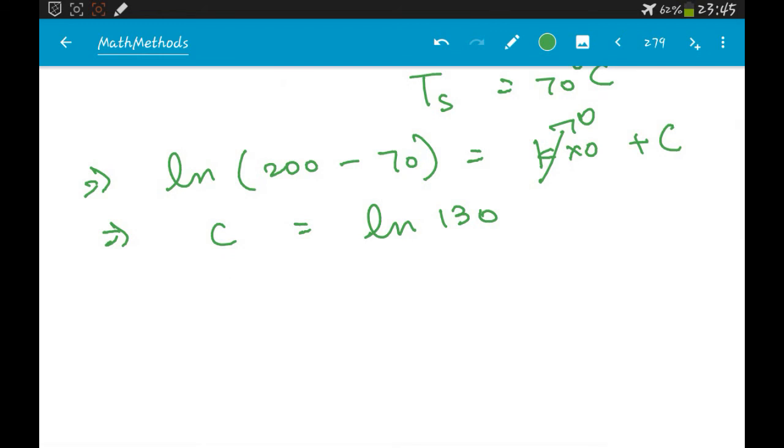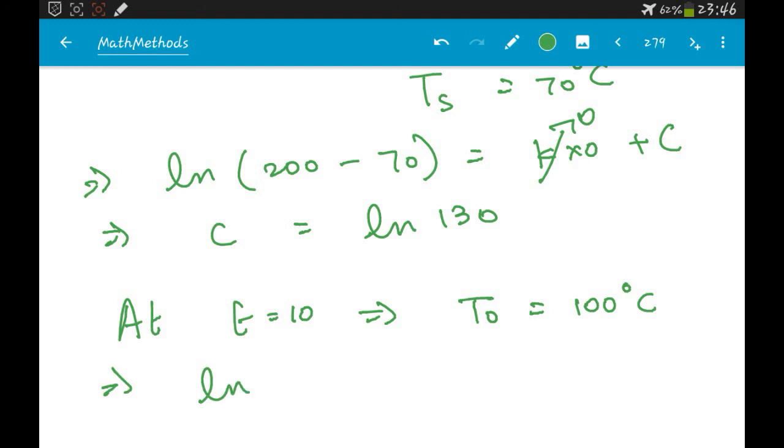Then at t equal to 10, T0 is 100 degrees. So ln(100 minus 70) is equal to k into 10 plus c, and c is ln 130.